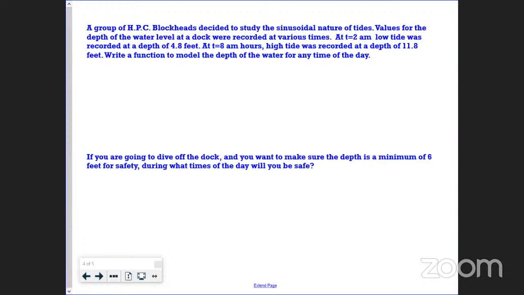Point 12. It'd be at 3:38 a.m. to 12. And 3:37 to 12:22.